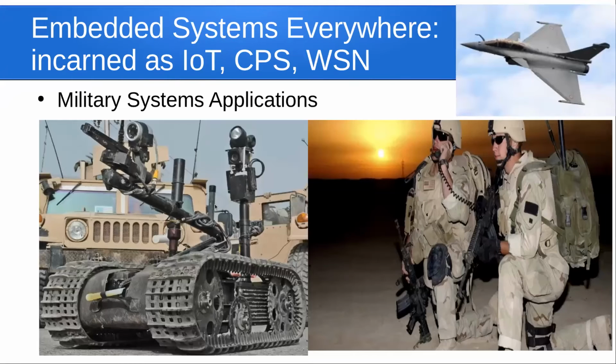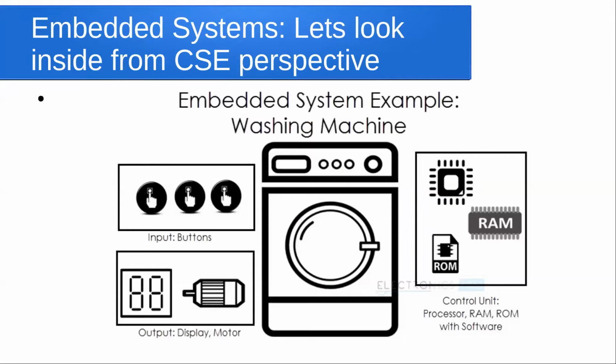So we do have various incarnations in military domain or navy domain or aviation domain. But let's understand what makes first the essential component of an IoT, which is an embedded system in the first place. Let's take a simple example of a washing machine, right?